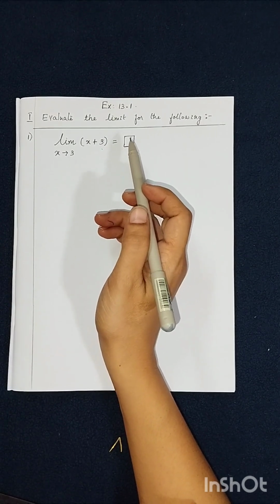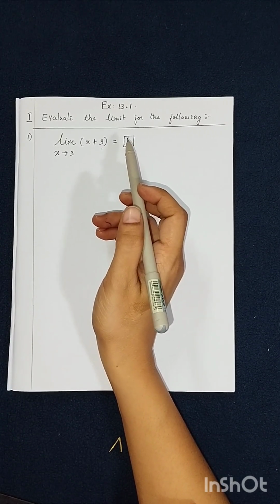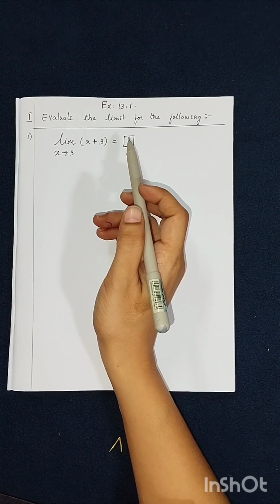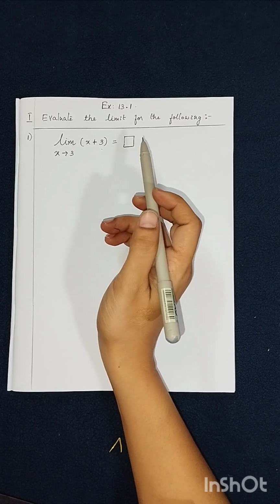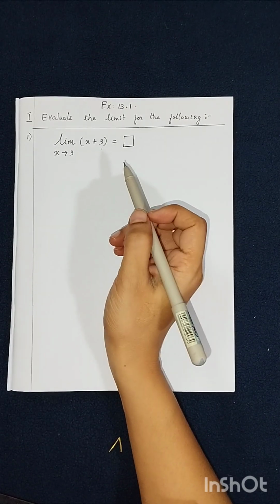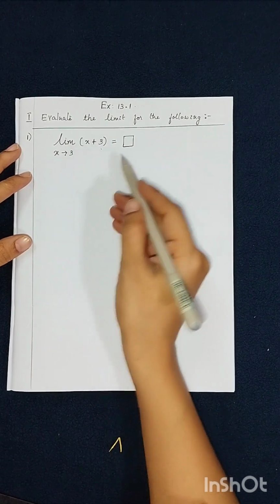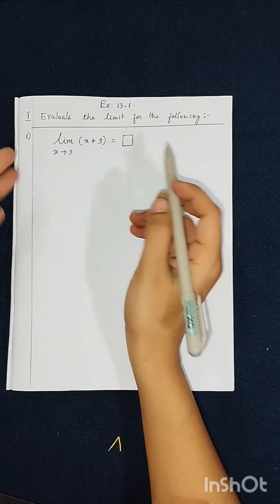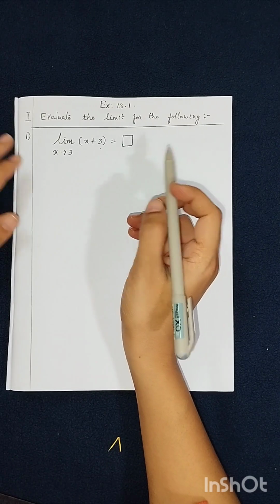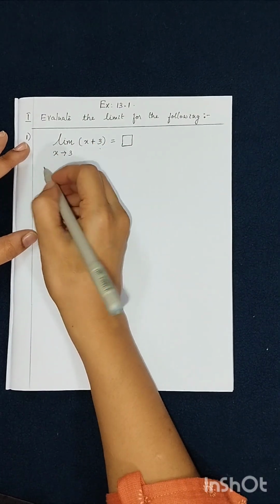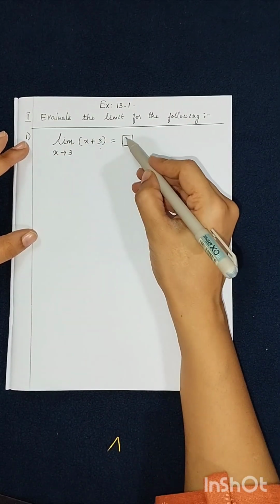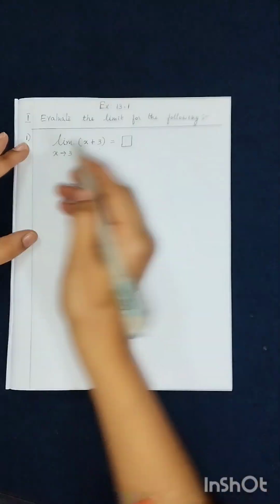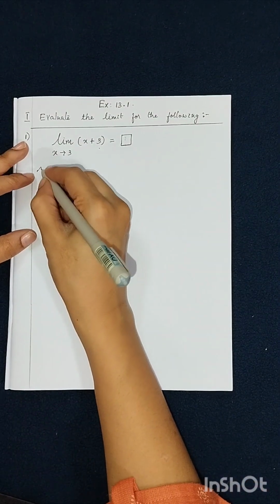We have certain mathematical statements, theorems and properties by which we will directly solve the problems. So I will be using those properties, theorems and statements to approach the solution. First, we have to find the limit value. So let us write down the given.